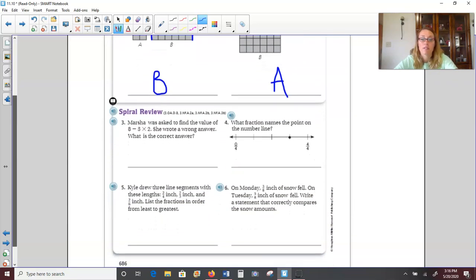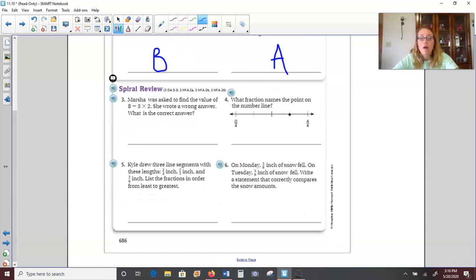Okay, spiral review. Marcia was asked to find the value of 8 minus 3 times 2. She wrote a wrong answer. What is the correct answer? I'm sorry, Marcia. Remember, when we are solving a problem that has different operations, we have to multiply and divide first, and then we do the adding and subtracting after.